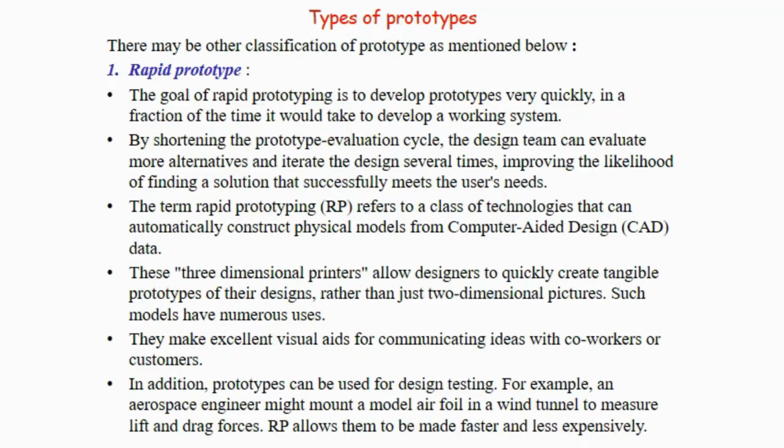It mostly involves computer aided design for constructing a physical model. The three-dimensional printer allows designers to quickly create prototypes, because once you have designed something in a CAD, there is a facility that this CAD program directly can drive the three-dimensional production of a prototype.